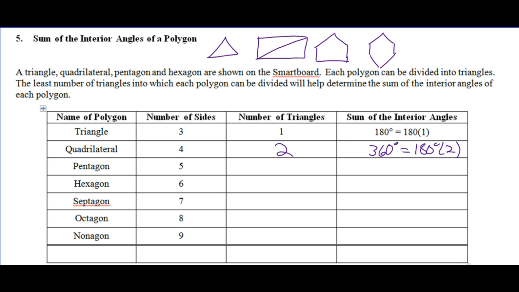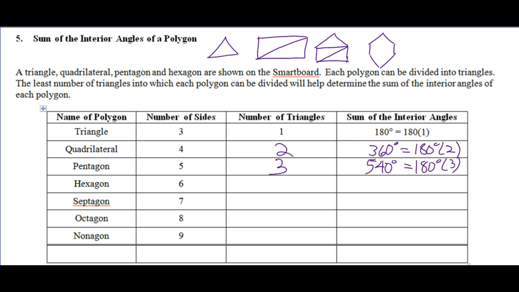So I can split that into how many triangles? 3 triangles. So how many degrees in 3 triangles? 180 times 3, which is 540, right?